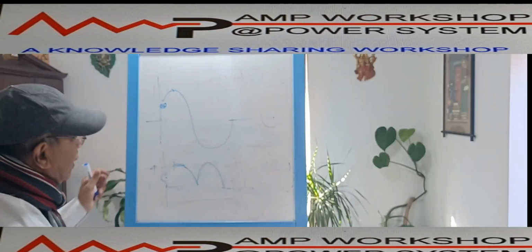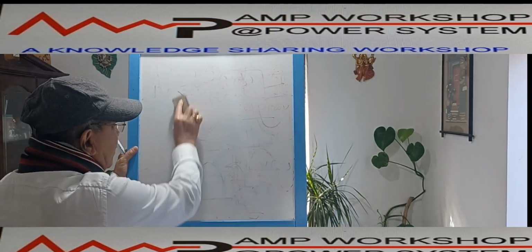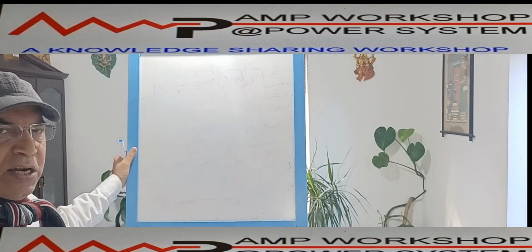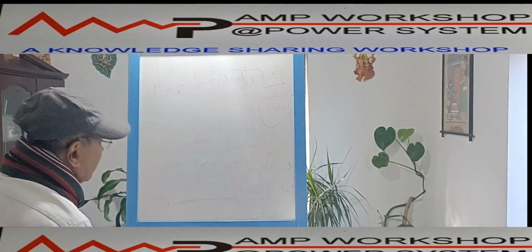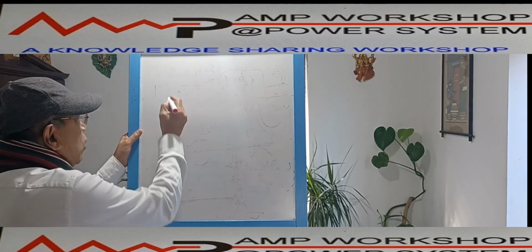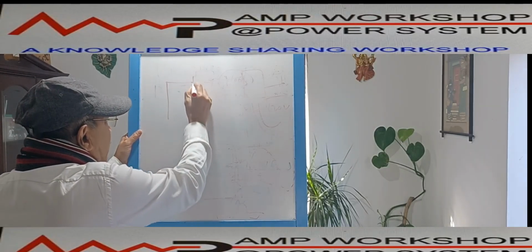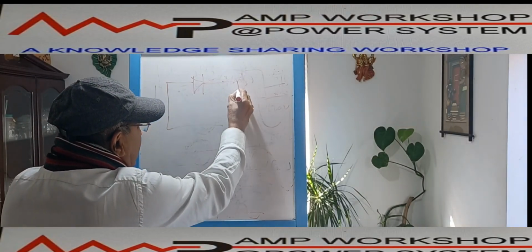Now another important part we will discuss in this video is that these power devices, diodes and thyristors, need some protection. Why do they need protection? Suppose there is an inductive circuit, the load or inverter which you are connecting. Suppose this is a diode, and I am connecting it through a load.